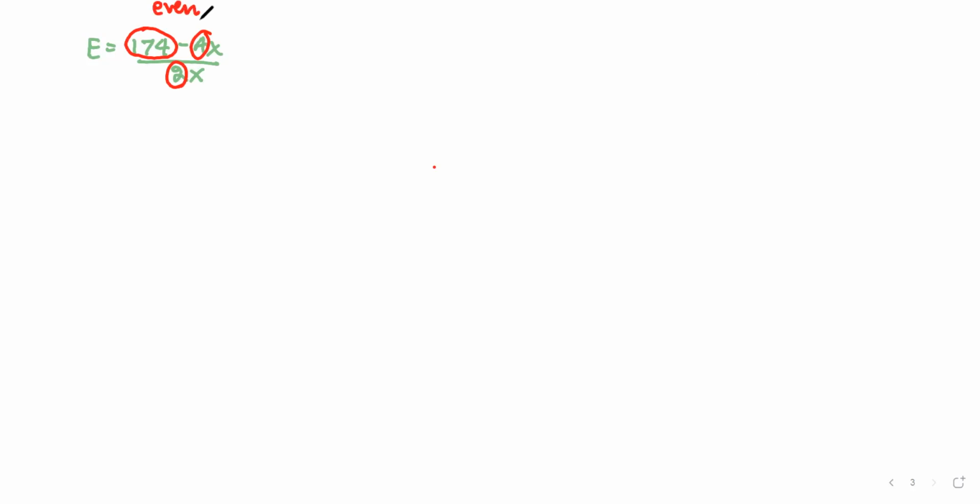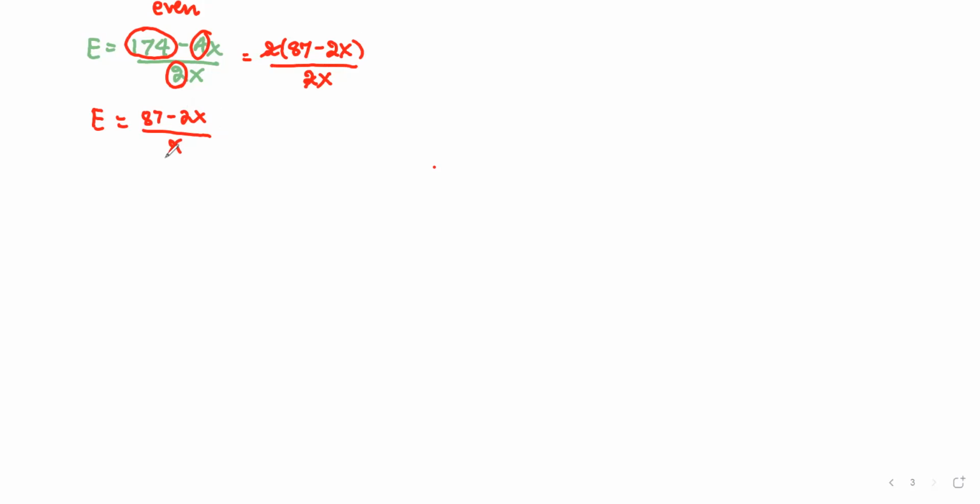That means they have 2 as a common factor. So you can rewrite this as 2 times 87 minus 2x, divided by 2x. The expression for E simplifies further to 87 minus 2x divided by x. Are we good at this point?